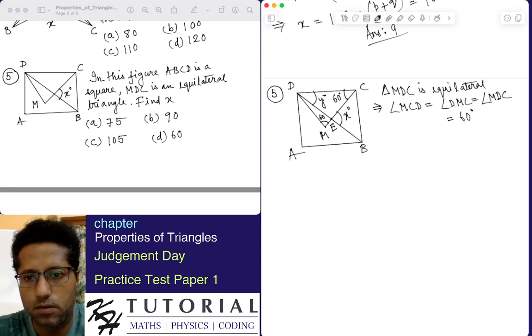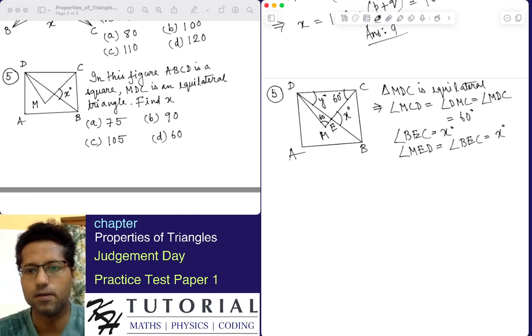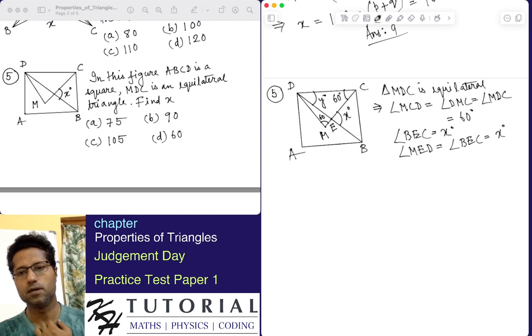We have angle BEC equal to x degree. We also have angle MED equal to angle BEC, because they are vertically opposite angles. So angle MED is also x degree.